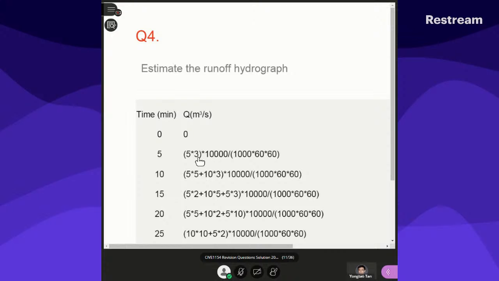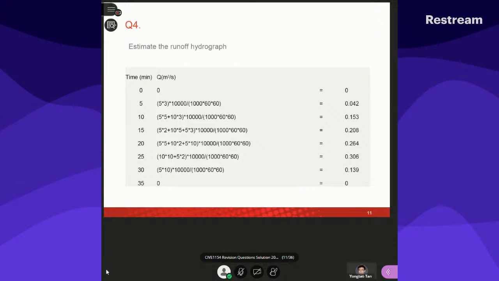And also the conversions: 1,000 and 10,000 over 1,000 times 60 times 60. This is used to convert the units.